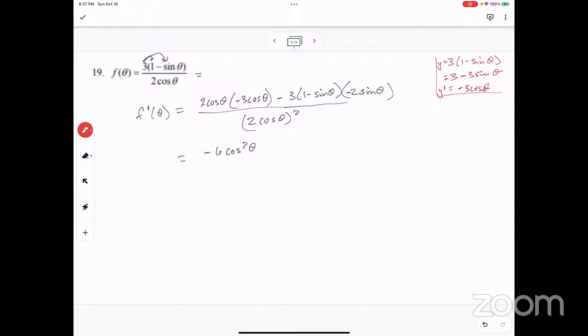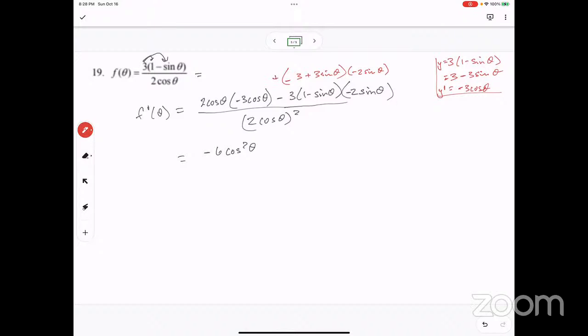Okay. So cleaning that up, this is going to be -3 plus 3 sine theta times -2 sine theta.